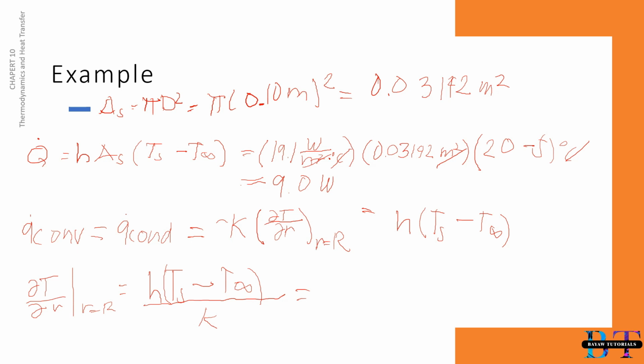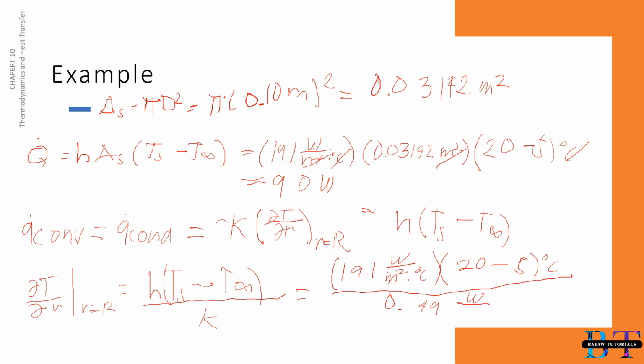Okay, so let's plug in the givens in our equation. So we have 19.1 watts per square meter times degree Celsius times our temperature of the surface, 20, minus the temperature of the fluid, 5 degrees Celsius, divided by our thermal conductivity, equal to 0.49 watts per meter times degree Celsius.